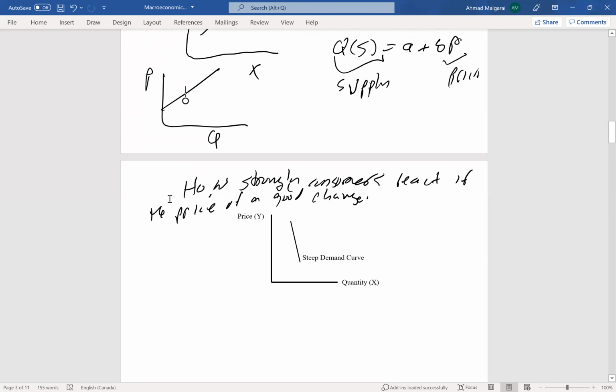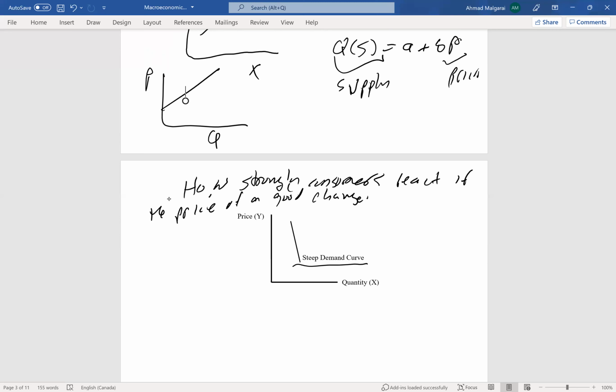If we look at this graph, we see it's a steep demand curve. What the steep demand curve is telling us is that if the demand curve is very steep, like this, quantity desired does not change much in response to a change in prices. Simply by calculating the slope, it would tell you that the changes are very small. By looking at the slope of the line, you can tell whether the changes are great or not by the steepness of that particular curve.